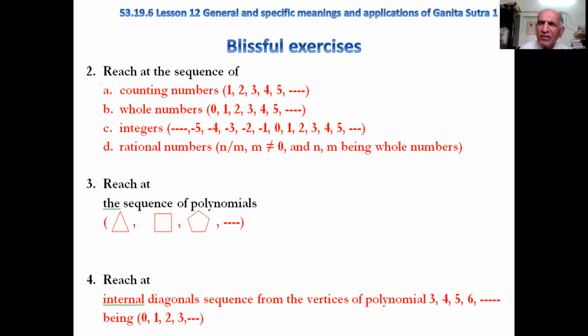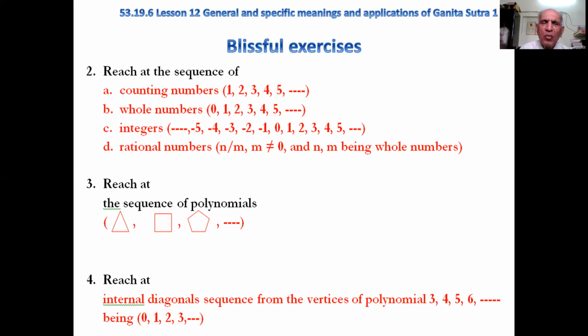Let us begin with a triangle as polynomial 3 is surface figure of 3 sides. Then at a rectangle, a setup of 4 sides, pentagon, hexagon, heptagon, and so on.